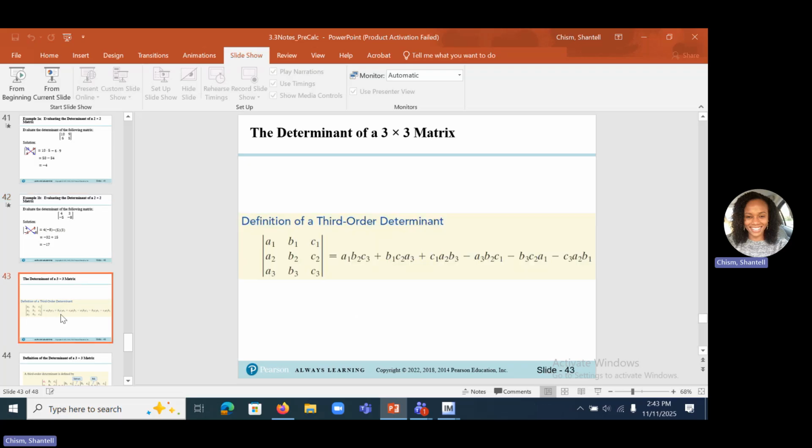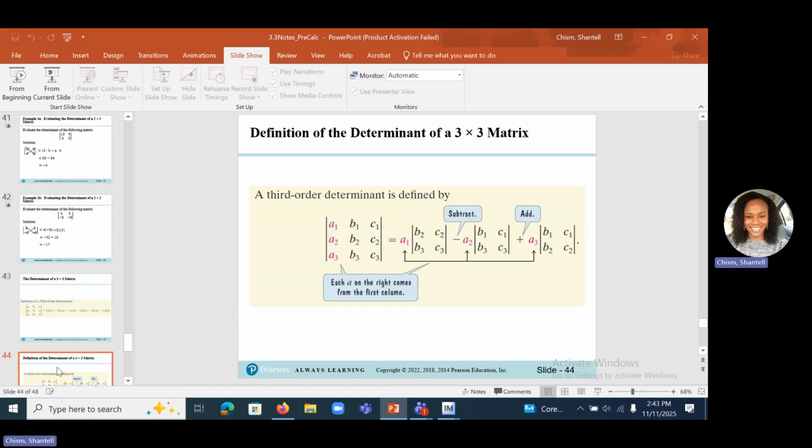When it's a 3 by 3, you're trying to find the determinant of a 3 by 3. That is, in other words, the definition of a third order determinant. Way more involved. Okay, you can see how all that is kind of looking a little like what? But here is where it comes from.